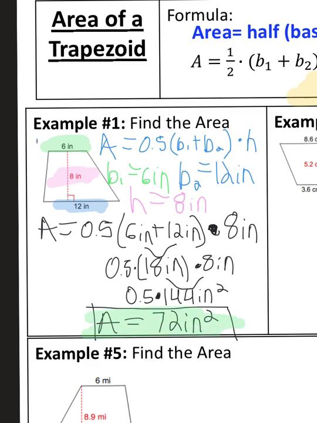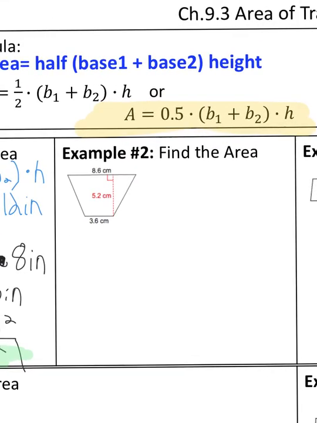Alright, let's look at number 2. Step 1, write down the formula, which is area equals 0.5 times base 1 plus base 2 times height. And then step 2, we need to identify base 1, which I'll say is 3.6 centimeters. Base 2 is 8.6 centimeters. And our height is 5.2 centimeters.